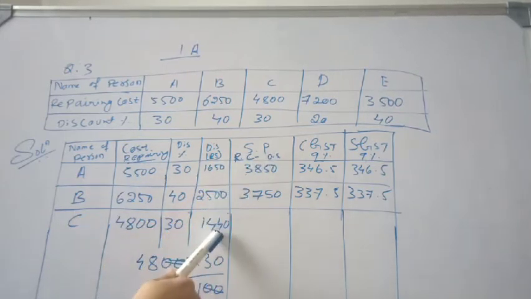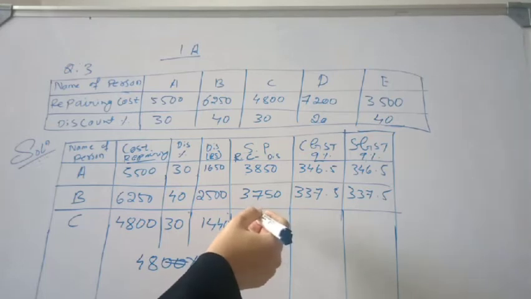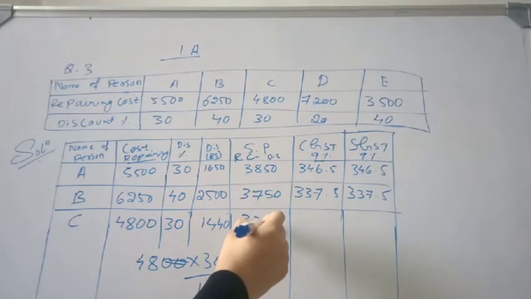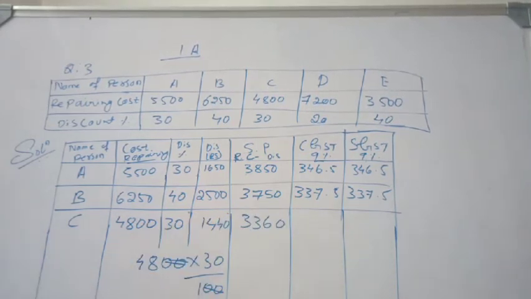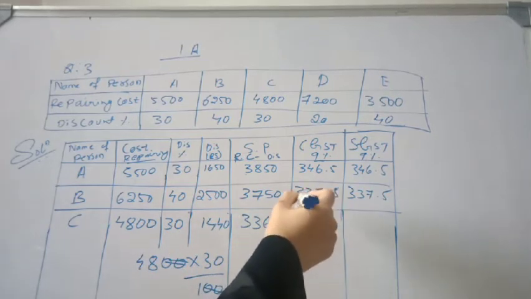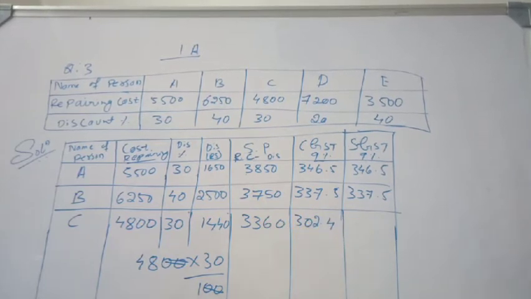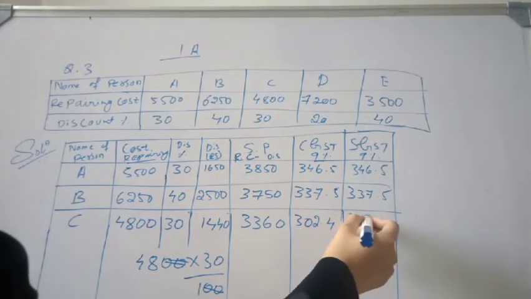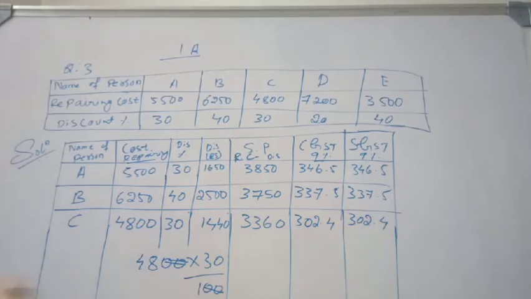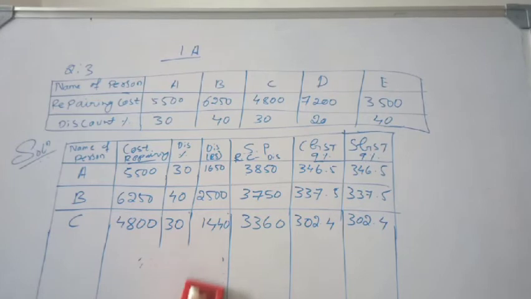Now selling price means the amount after discount: 4,800 minus 1,440 is 3,360 rupees. Now on 3,360 we take 9% GST, that is 302.4, and SGST also 302.4. This is for C.